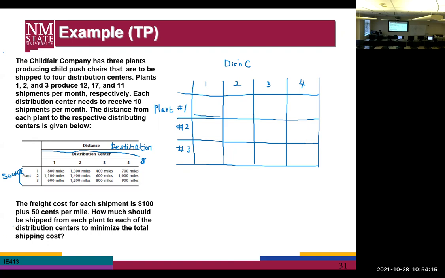Okay, so here, I just say this is going to be C sub 1. It always goes by the row number first and then the column number. Okay, so how did you get the value of C11?